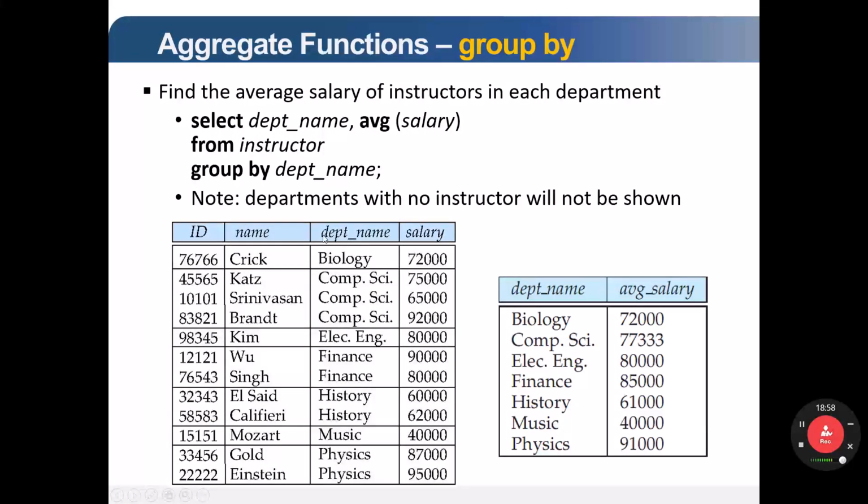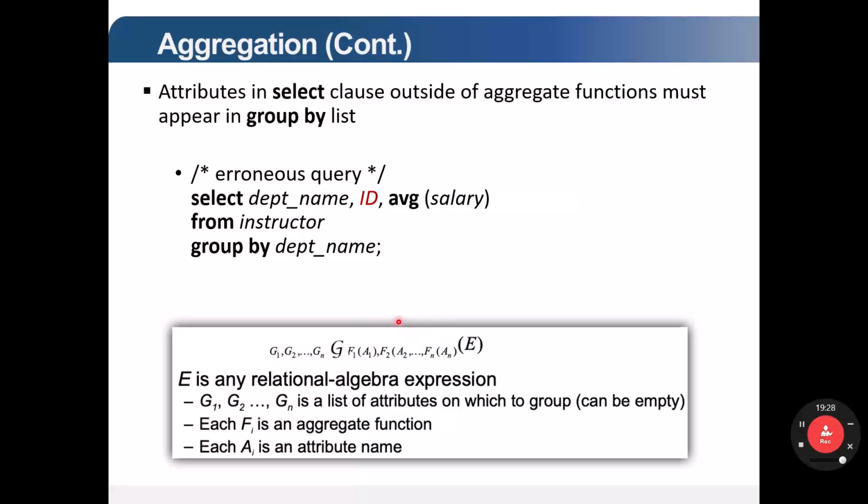So in this example, we sort, or we may perform hashing to collect the records that have the same department name value. Anyway, after grouping the records that have the same department name, we perform this aggregate function. That is how we use group by in SQL.